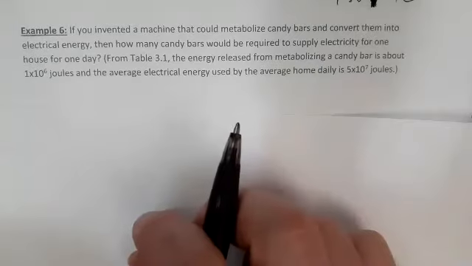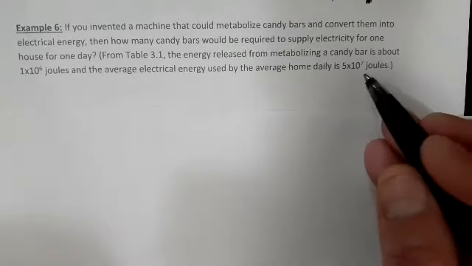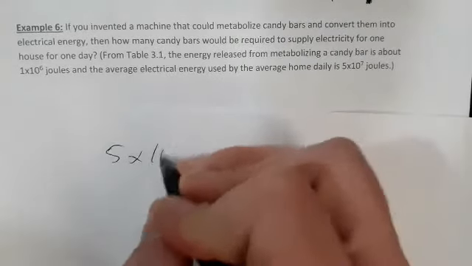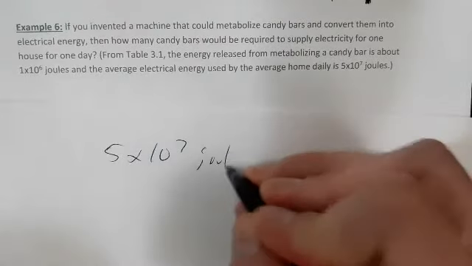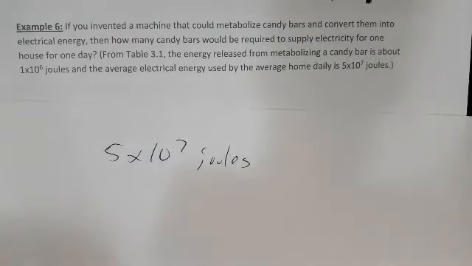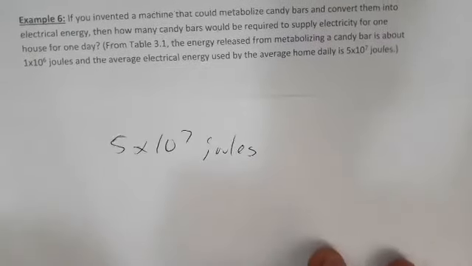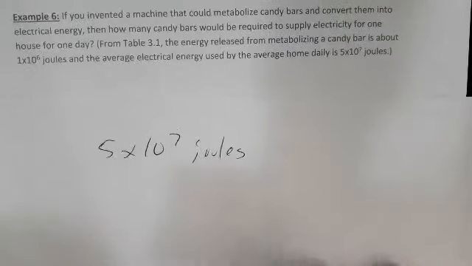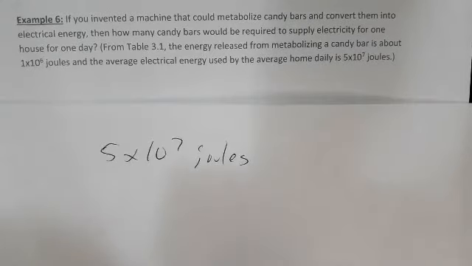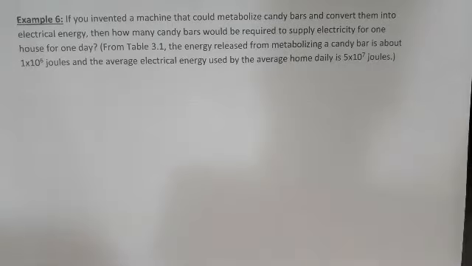One house is 5 times 10 to the 7th joules, and one candy bar is 1 times 10 to the 6 joules.